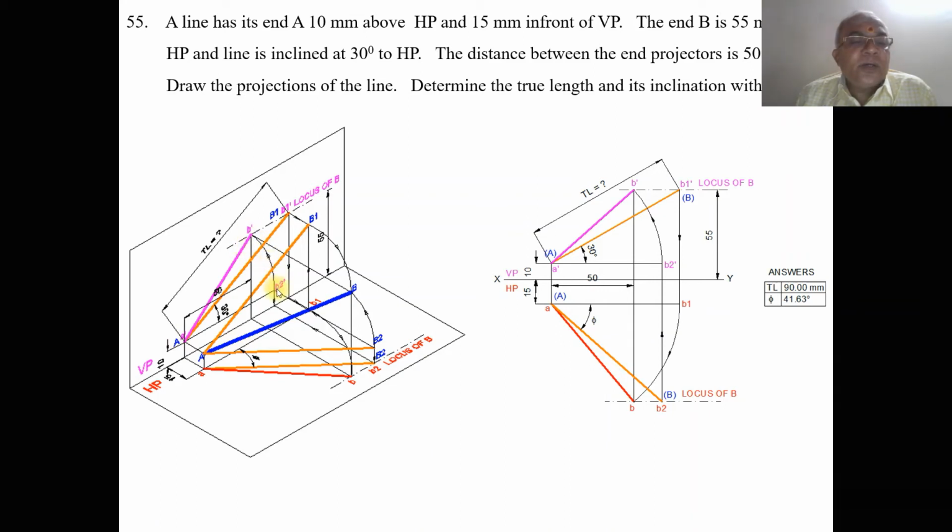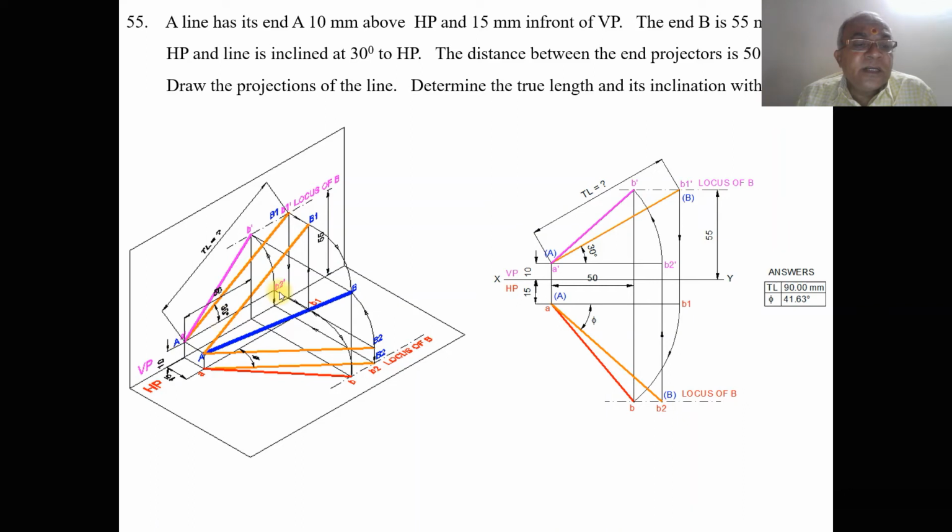Once A is above HP by 10 mm, B2 is also above HP by 10 mm. So when you project this into the front view, you get A dash B2 dash, which is above HP by 10 mm.